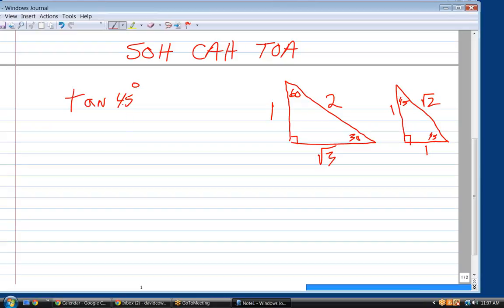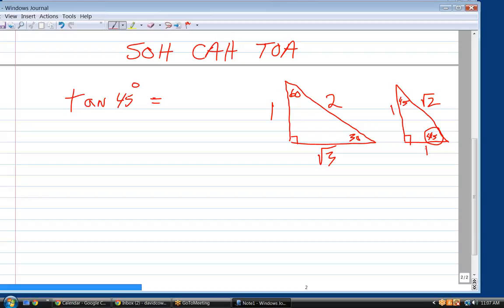So we're looking for the tangent of this 45-degree angle right there. So it's opposite over adjacent. So in this case, what is that ratio? The opposite side over the adjacent side. Oh, so 1 over 1.